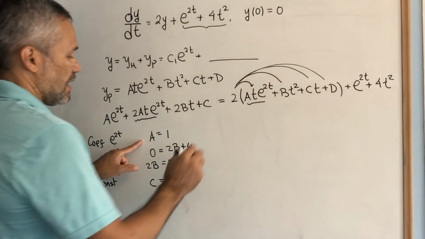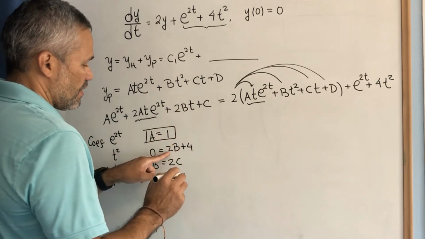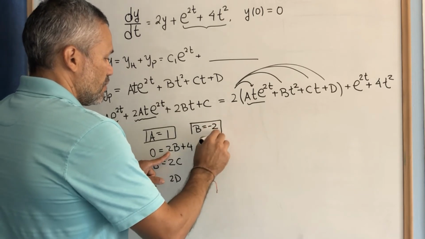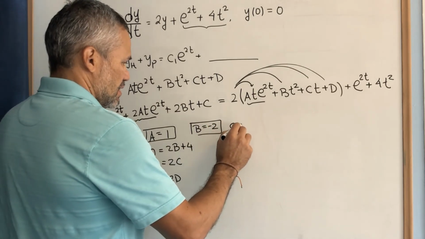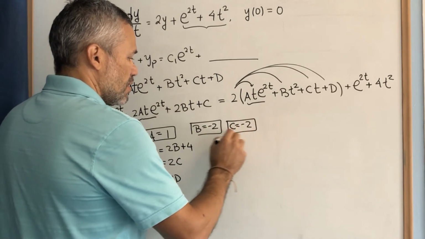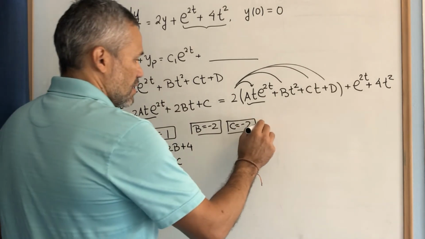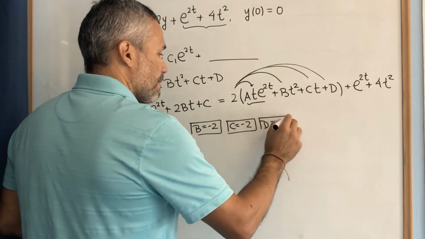That means that a is equal to 1. From here we get that b is negative 2. From here, b is equal to c. C is equal to negative 2. And d is c over 2. Then d is equal to negative 1.